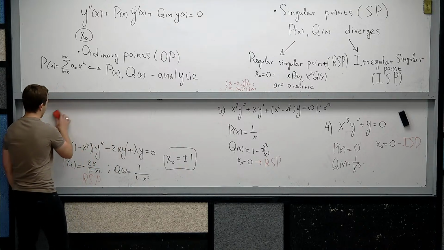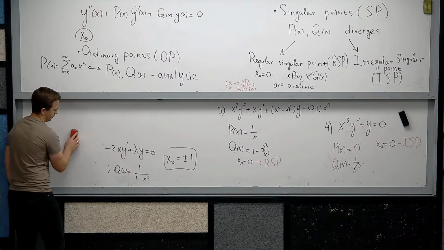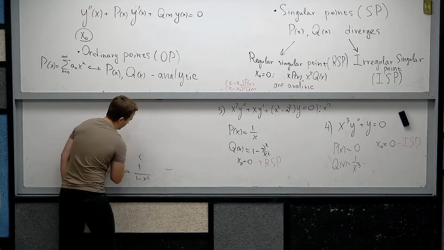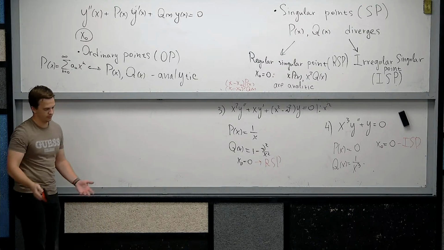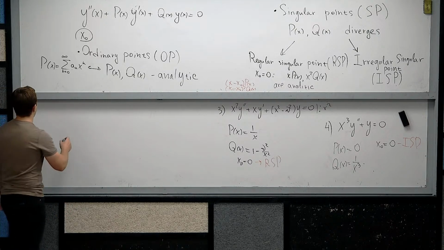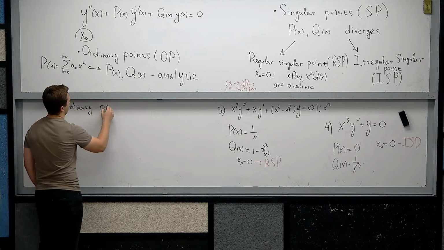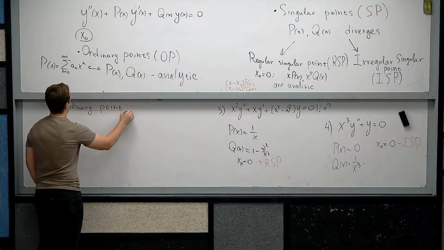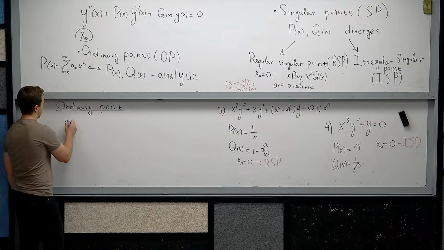And now let's practice with the equation itself. So we start with ordinary points. This is the easiest case. If we have an equation with ordinary points, we can solve it just by Taylor series.